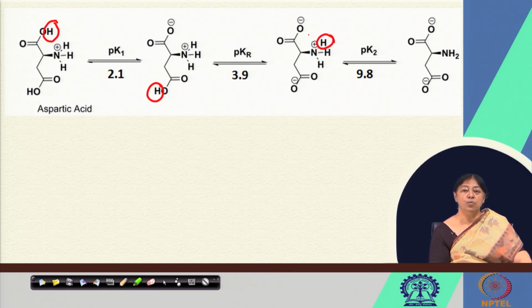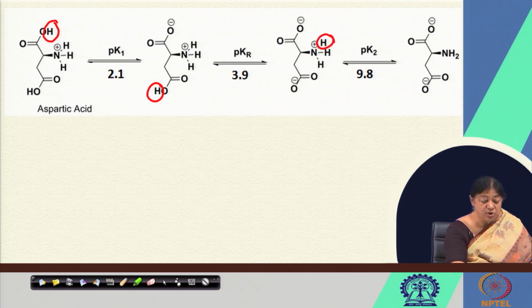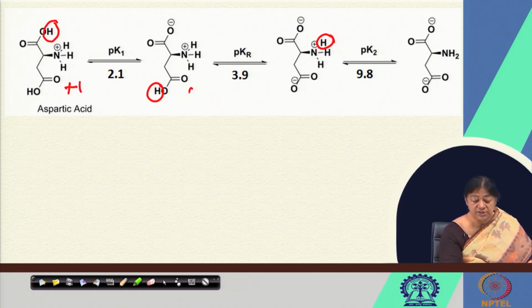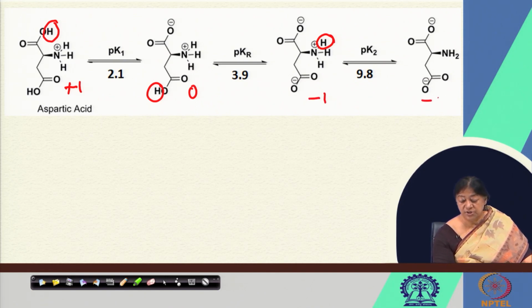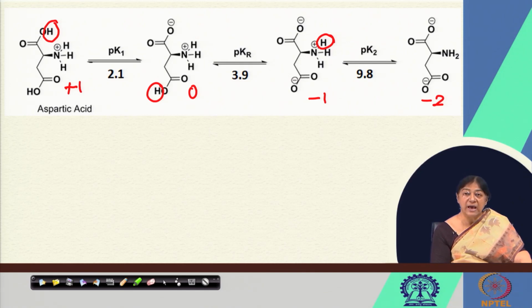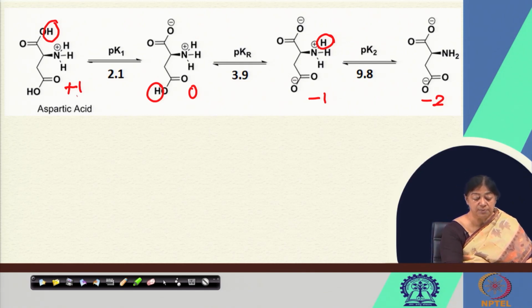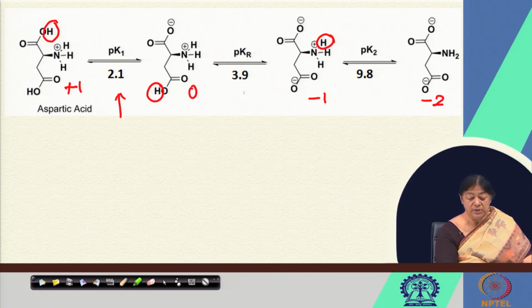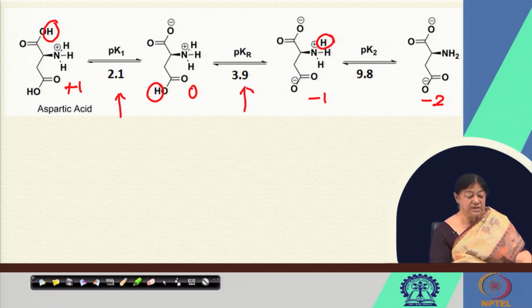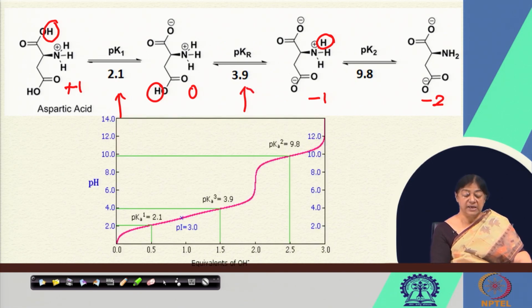So, we know the overall charge. The overall charge here is +1, the charge here is 0, the charge here is -1, the charge here is -2. And what did we learn? We need to get the average that is going to take us from +1 to 0 to -1. So, we need this pK1 value and this pKR value to tell us what the pI of aspartic acid is.